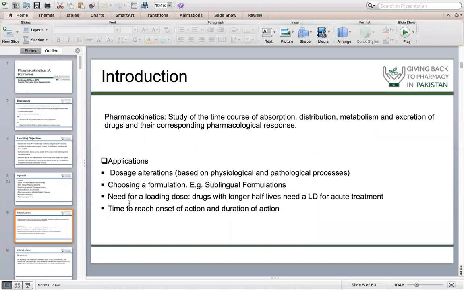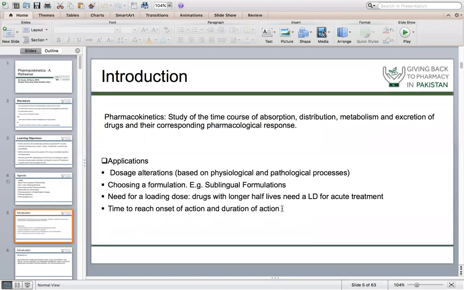So next is the need for a loading dose. Also, certain drugs have very large half-lives, and a loading dose may be required for acute treatment. So this is also something we can get by applying the principles of pharmacokinetics. And time to reach onset of action and duration of action.